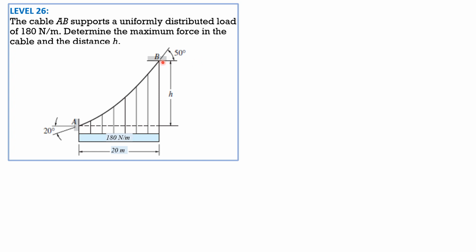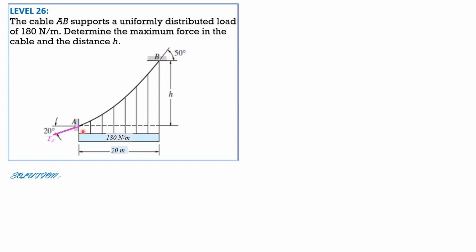The horizontal component is denoted by big H, and it is the horizontal tension at any point on the cable. The maximum tension is expected at B because it is the highest point, and we solve that by force triangle and then by sine law as shown in the figure.